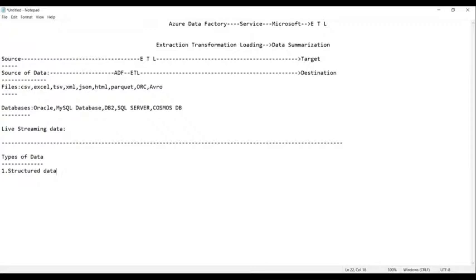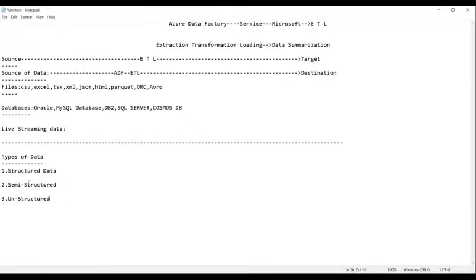The second one is semi-structured data, and the third one is unstructured data.